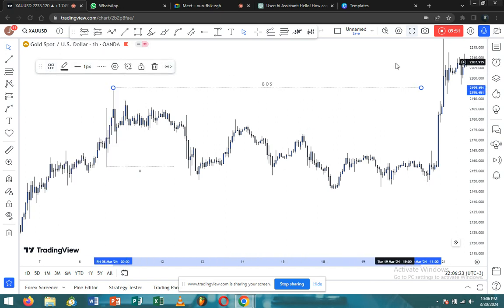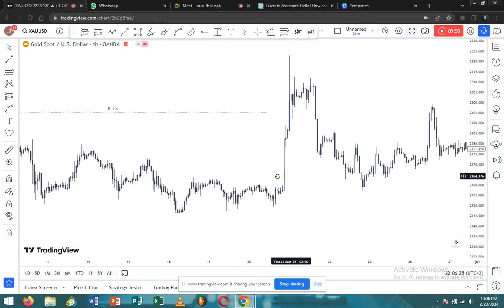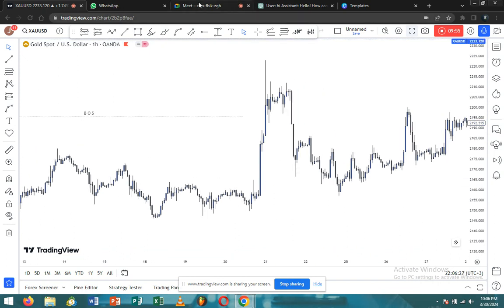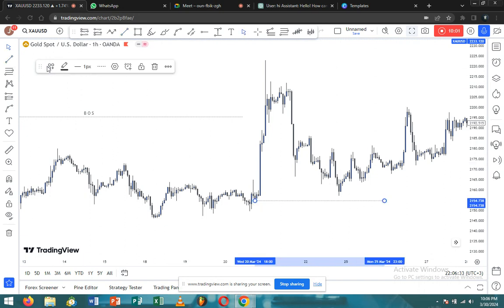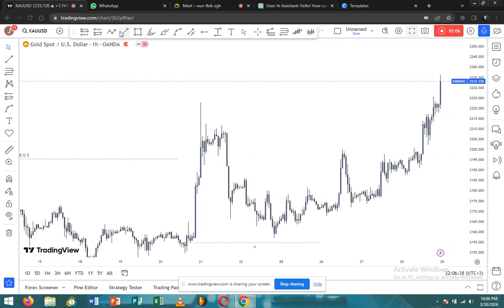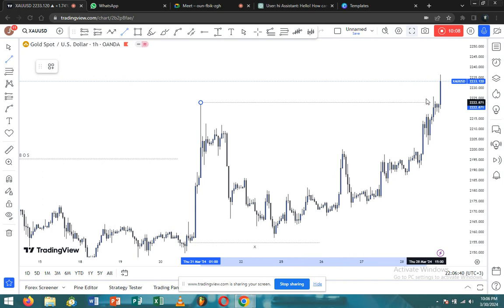Okay. So with that BOS, we're looking for inducement, and here inducement on gold was here. Price failed to take it out and ended up taking out this high.